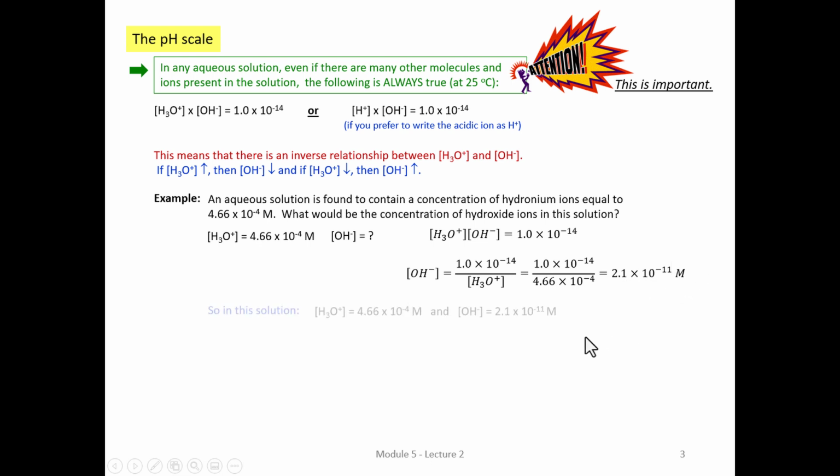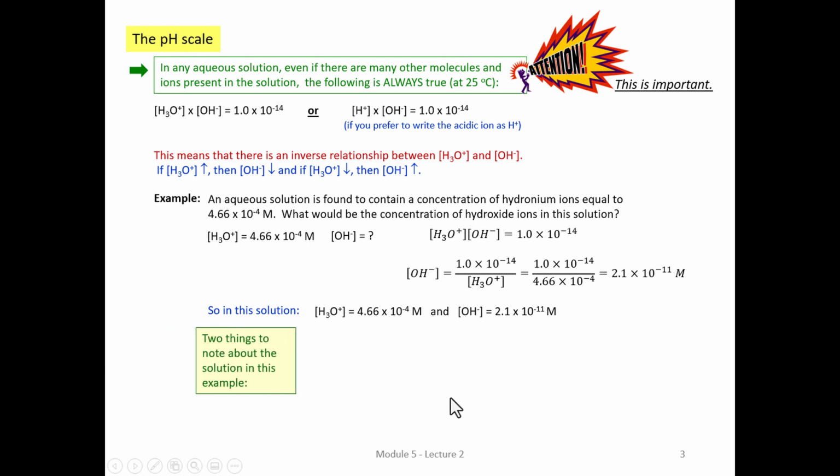So in this solution, the hydronium ion concentration is 4.66 times 10 to the minus 4 molar. The hydroxide ion concentration is 2.1 times 10 to the minus 11 molar. As we said before, if the hydronium ion concentration goes up, gets a little higher, then the hydroxide ion concentration would have to drop.